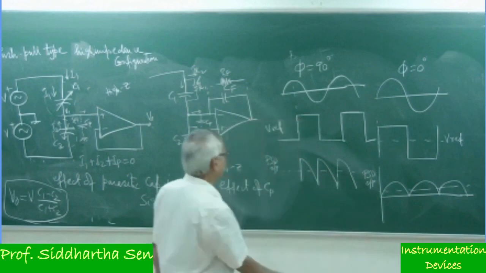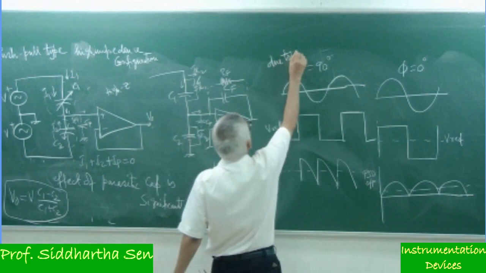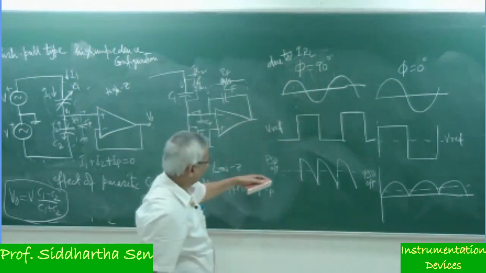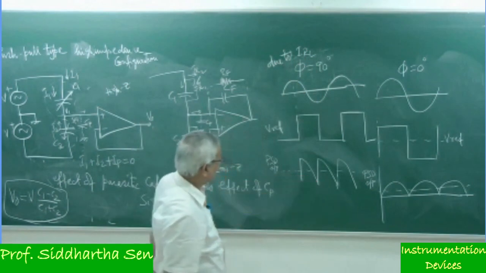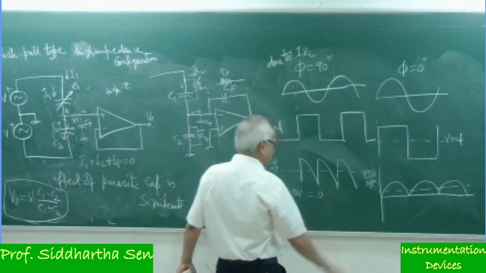So the point is that due to the resistance IRL, the actual component will be like this, so the average is equal to 0.